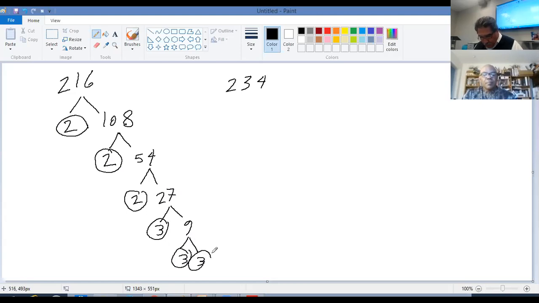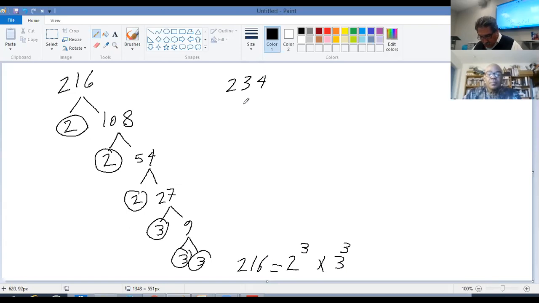These are all prime. So I can say 216 is equal to, how many 2's do I have? 3 of them. So I write 2 to the power of 3. This is the exponent. Okay. Times how many 3's do I have? 1, 2, and 3. Okay. So I can write it like this.